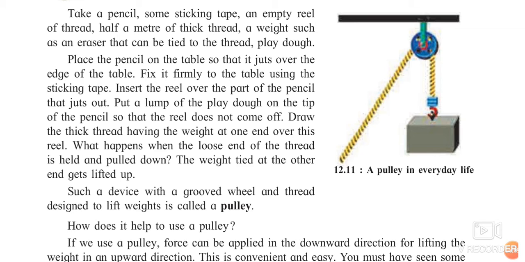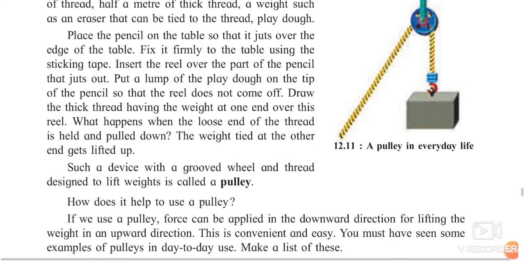If we use a pulley, force can be applied in the downward direction for lifting the weight in the upward direction. You pull that thread down so that you can pick up the weight from the other end. This is a convenient and easy way. You can see this at your wells whenever you are removing water from the well.